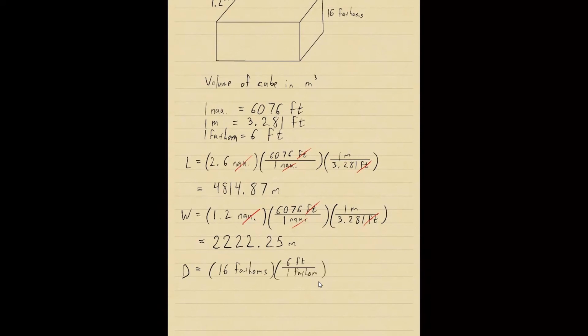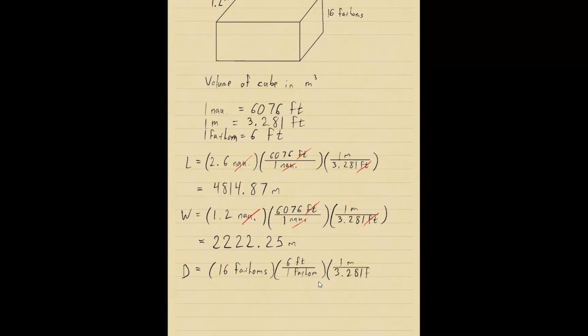And then last but not least, we need to convert from feet into meters. So we know that 1 meter has 3.281 feet in it. The units of fathoms cancel, the units of feet cancel, and we're finally left with an answer in meters. So the depth of this thing is equal to 29.26 meters.